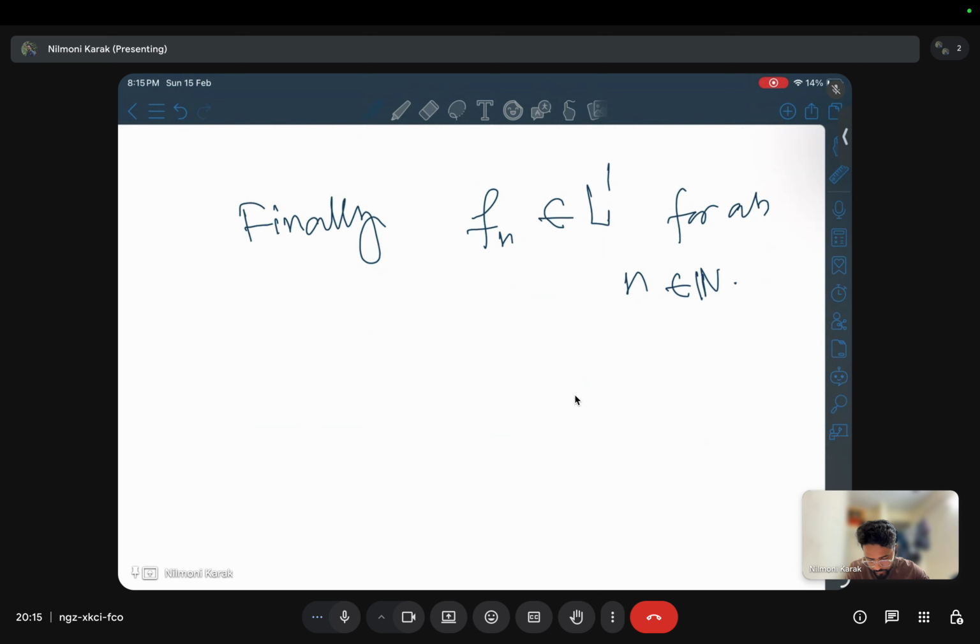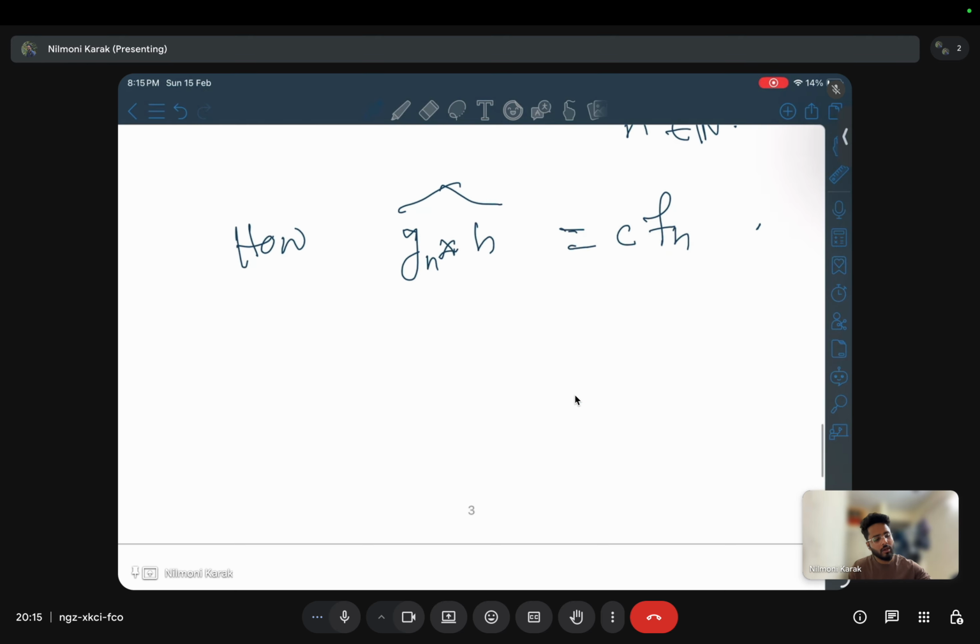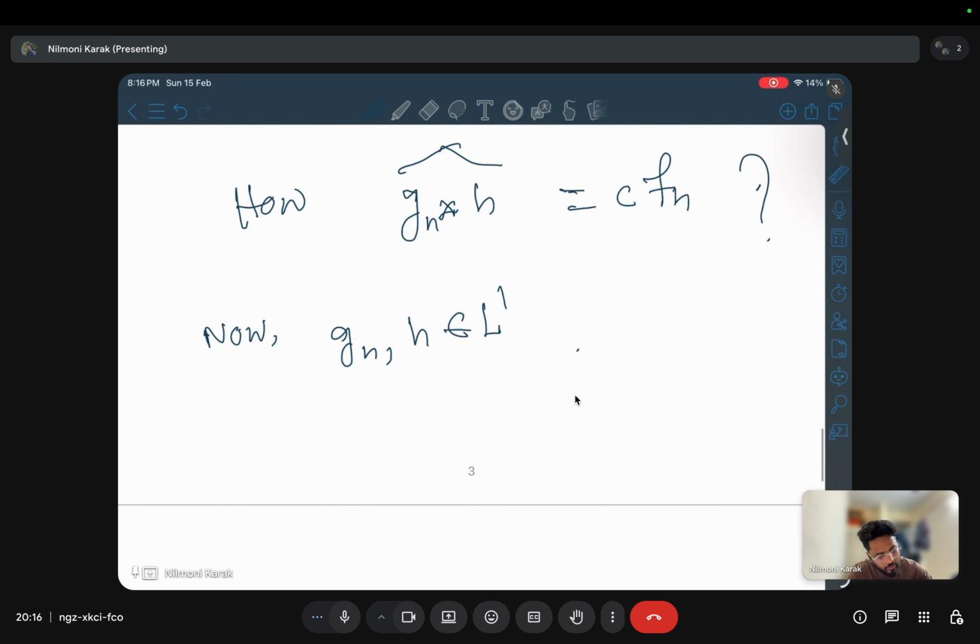Now what we will do, let us see how gn star h hat is basically some constant times fn. Now gn comma h belongs to L1, right?